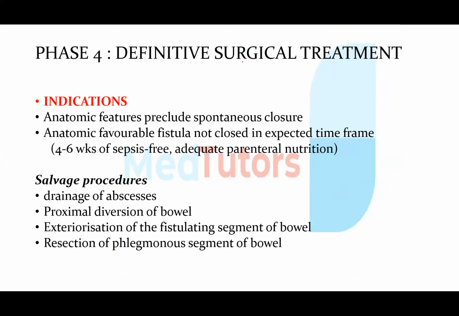Now, after making your decision, you want to give a definitive surgical treatment. Now, the indication, the mnemonic we described, "FRIENDS": when they have FRIENDS, you have to give a surgical treatment.